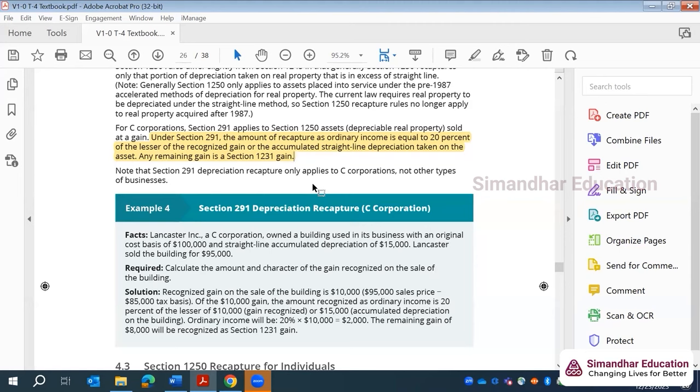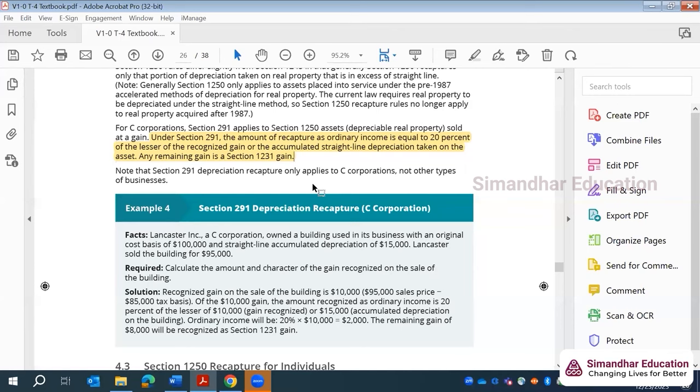So your gain here is $20,000, right? So your gain is over and above the accumulated depreciation. So you will take 20% of the accumulated depreciation, which is going to be $3,000.